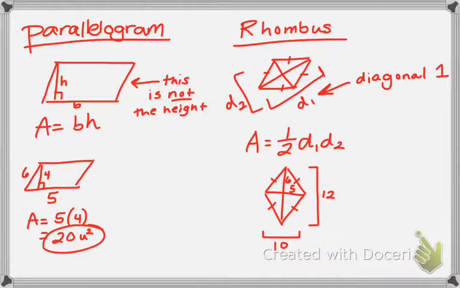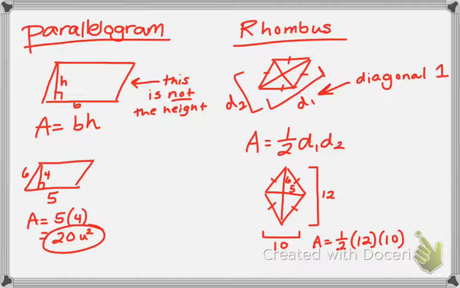So now when I go to find the area of that, I'm going to do 1/2 the length of, and it doesn't matter which diagonal you use first, so I'm going to use 12 times 10. Make sure you don't do 1/2 of 6 times 5, because 6 is not the whole entire diagonal. And remember, diagonals bisect each other in parallelograms.